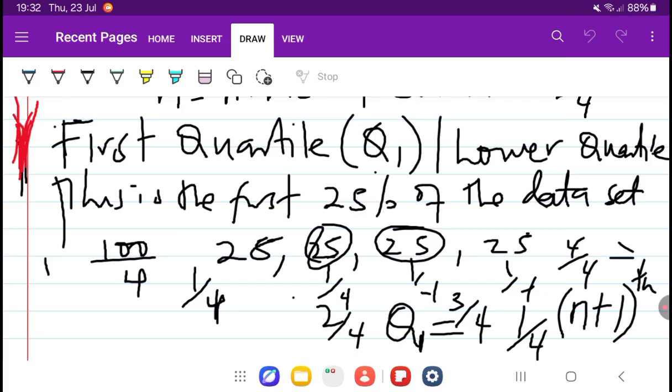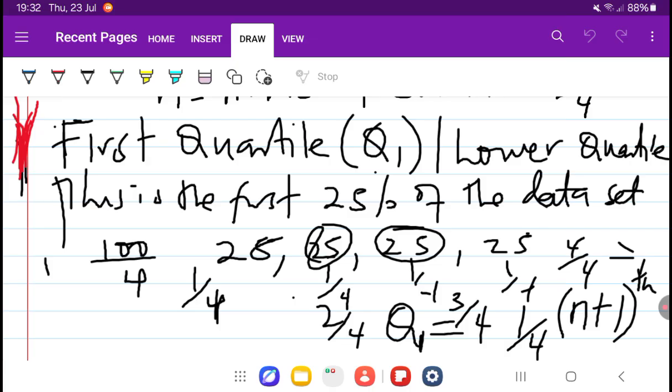So if you are to determine the Q1, the first thing you do is count the number of observations. If you have been given observations, maybe there are 10, you count and find that there are 10. That's our N. The second step, especially for an ungrouped data set, is to arrange the data set in ascending order.